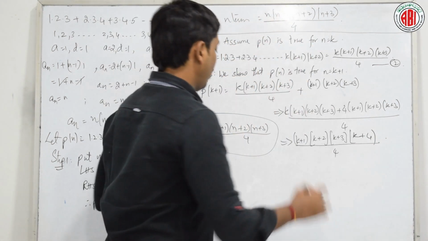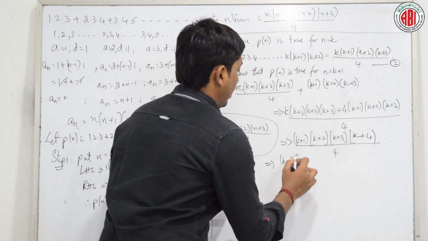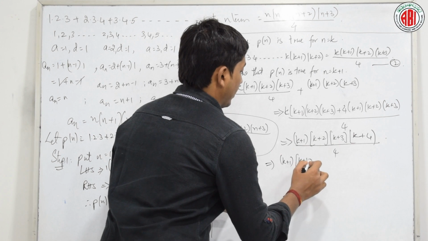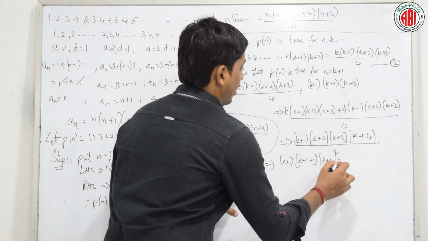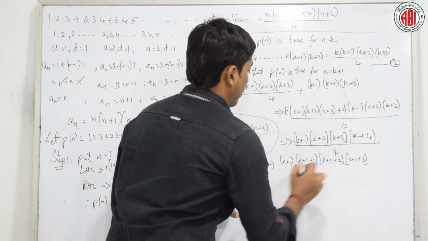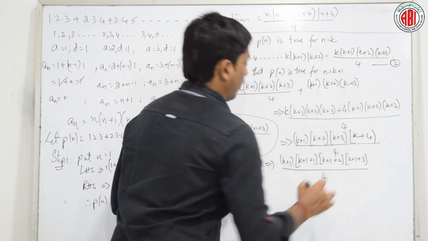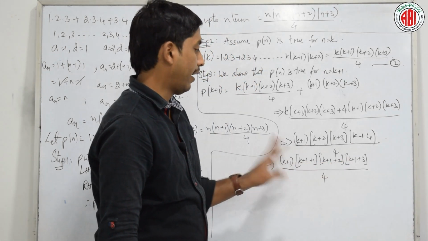Yes, right. Now let us write it in the simple form. k plus 1 into k plus 1 plus 1 into k plus 1 plus 2 into k plus 1 plus 3 whole divided by 4. Is it right? Fine. This is n, n, n and n.